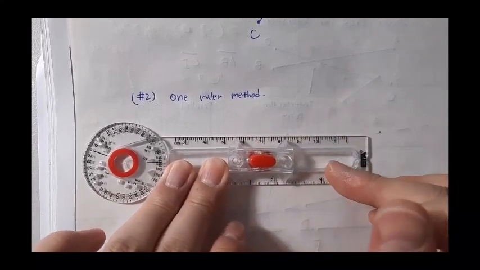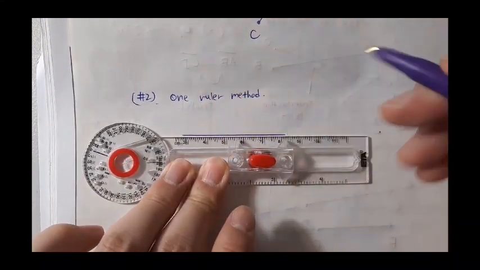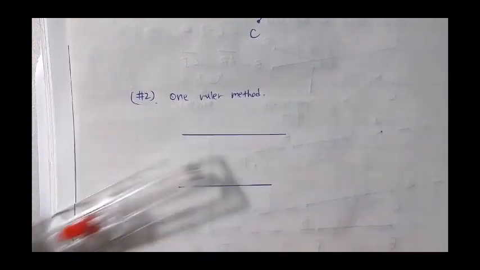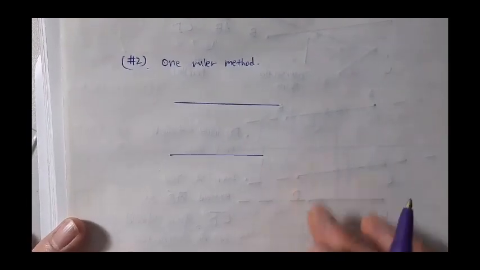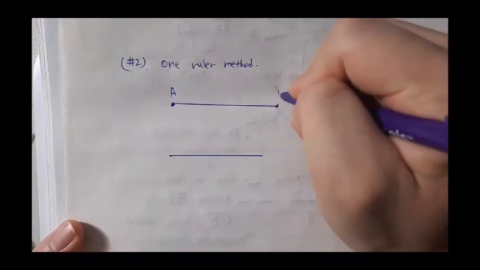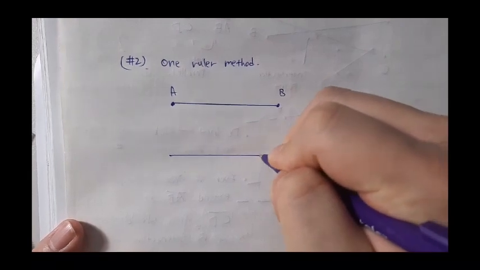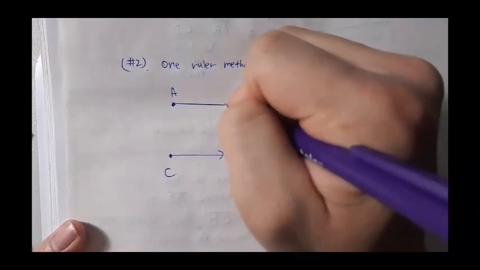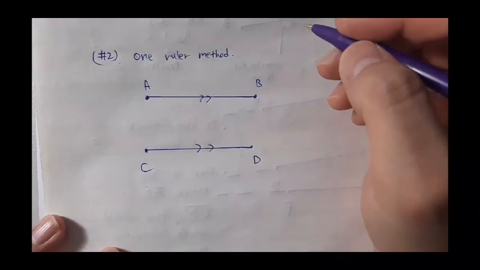One ruler method is this. Just draw one line on the top of the ruler and use the bottom line. Simple as that. Then in that case, A, B, probably should have used the same length. C, D. These guys are parallel to each other.